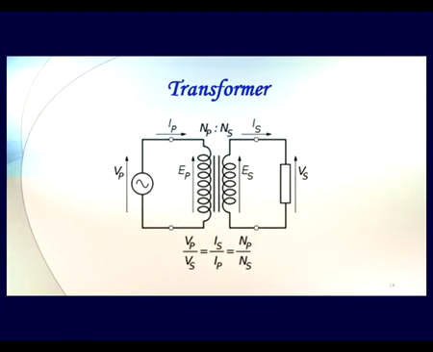Here at the bottom I have given the relation: the voltage in the primary upon voltage in the secondary is equal to the number of turns in the primary, NP, upon number of turns in the secondary, NS. And of course the current relation is inverse here. The current in the secondary to the current in the primary is proportional to NP upon NS.